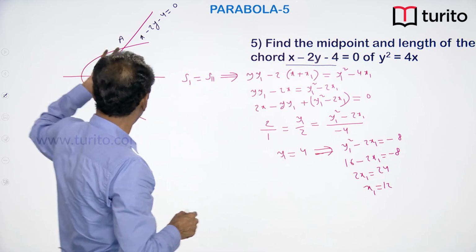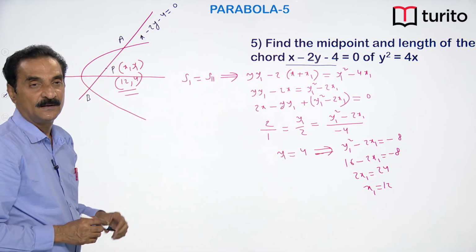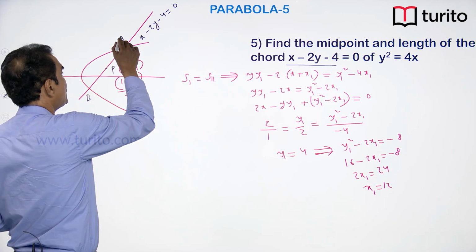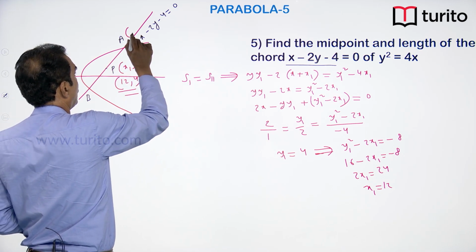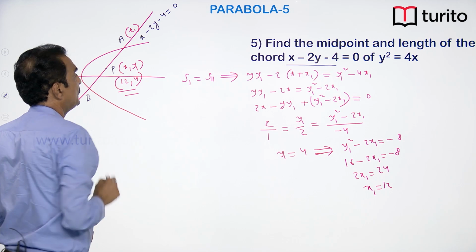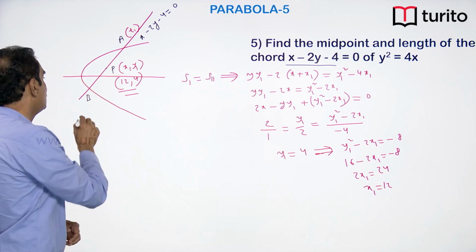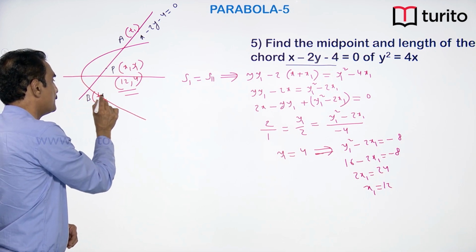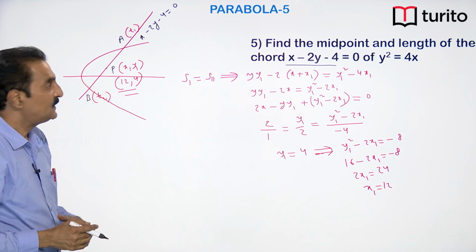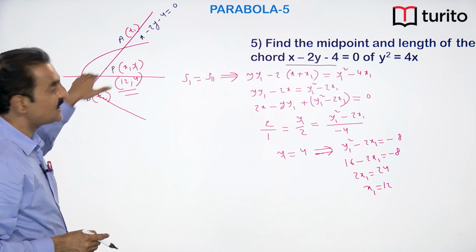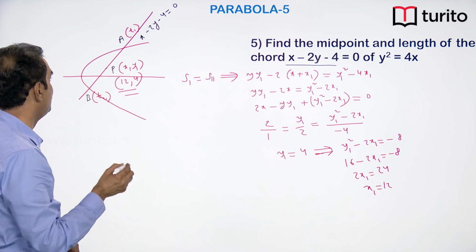We have to find the length of the chord. Let us assume that one end is T1, another end point is T2. Then what is the distance between A and B?